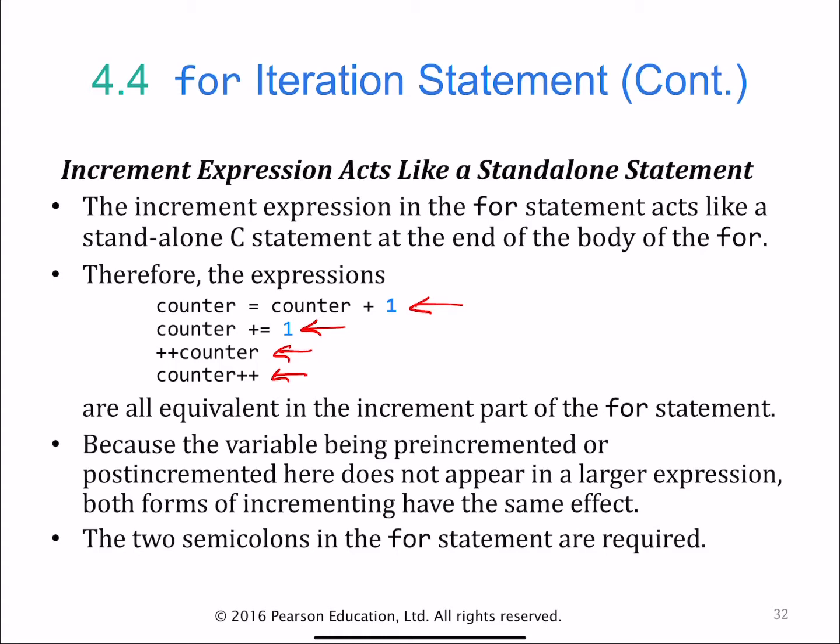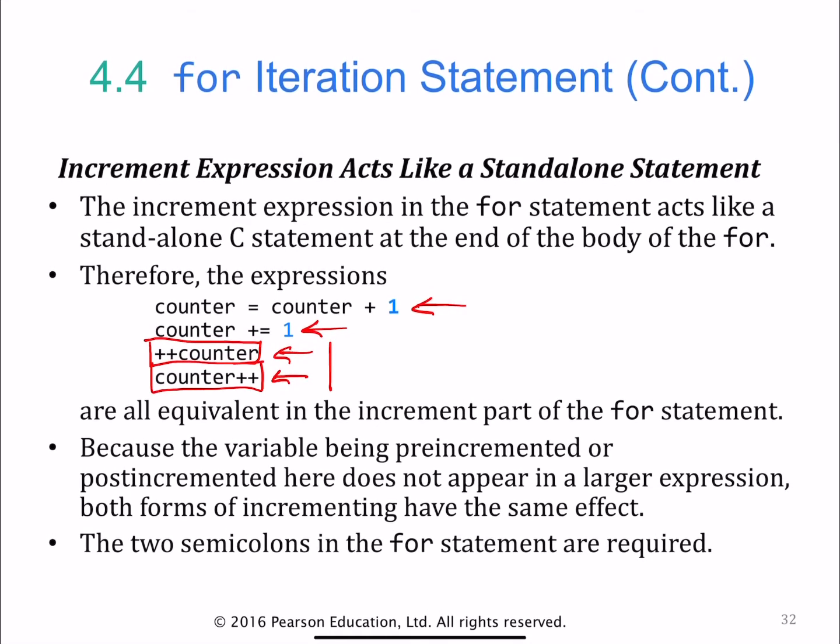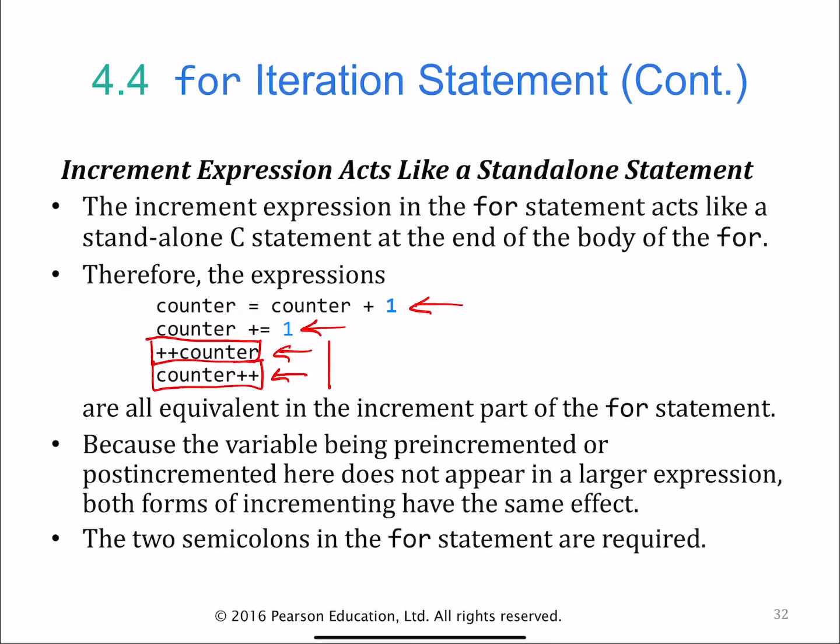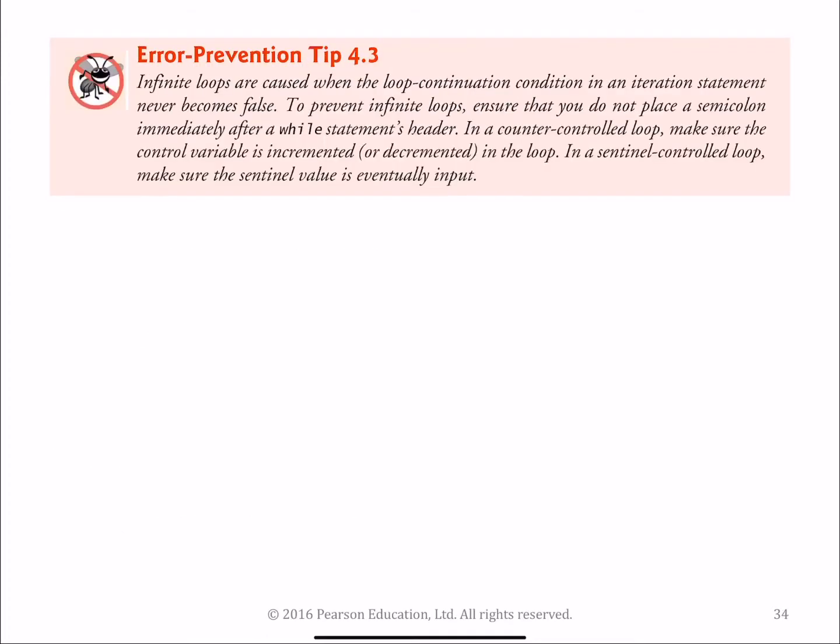In fact, whether you use the pre or post increment operators will make absolutely no difference in a for loop. So use whichever you like. In many of the examples, you'll see the pre-increment operator being used. But I think traditionally, in most places where you see a for loop being used, you'll actually see the post-increment version used. Like I said, it'll make absolutely no difference to the operations. Not in a for loop, at least.